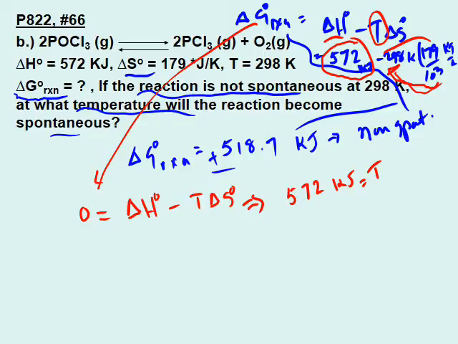So let's have the temperature as T, and we already know that delta S is 179 divided by 1000, or 0.179 kilojoule per Kelvin.